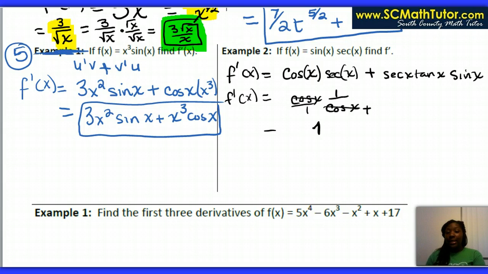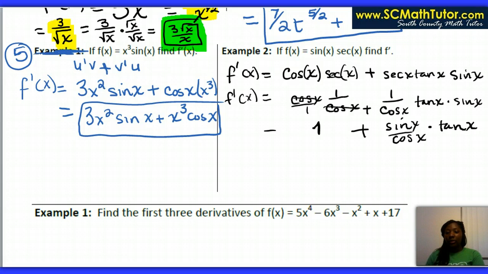We know that secant is 1 over cosine of x times tangent x times sine x. Fun times. Okay, so on this side, I have sine x over cosine x. If you know your trig identities, sine x over cosine x is the same thing as tangent x.